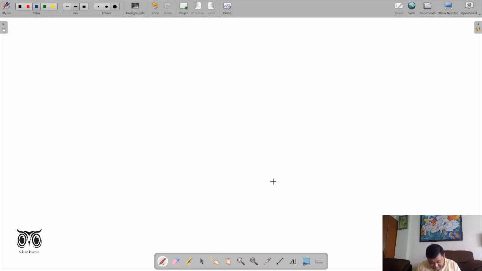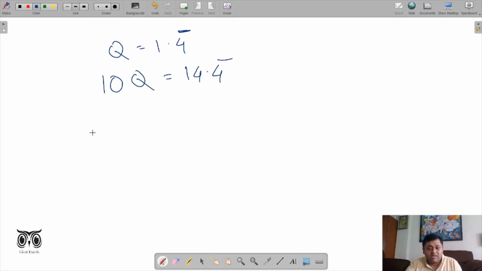Say we have been given: represent q equals 1.4 bar in p by q form. So how do I do that? See, this is how we normally do it. If you see there is a bar above 4, so what we first do is multiply by 10 q. So this will be 14.4 bar.